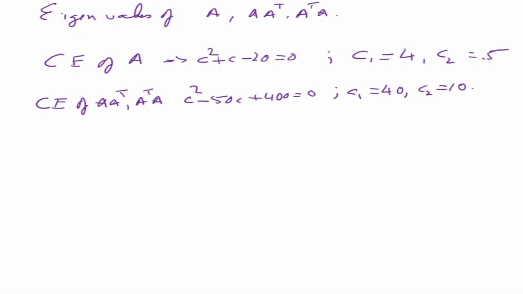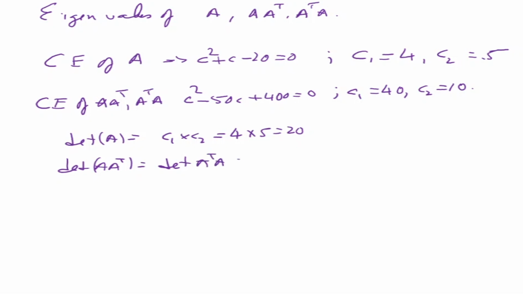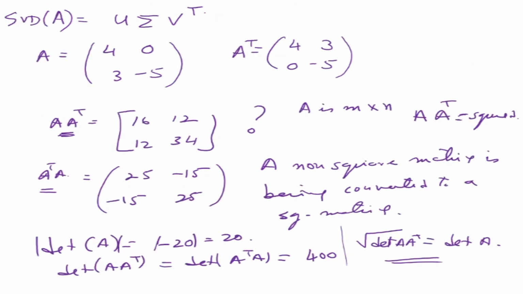Now, the determinant of A is c1 into c2, which is 4 into 5, which is 20. Similarly, the determinant of A transpose A is 40 into 10, which is 400, and that is exactly what we had got here.